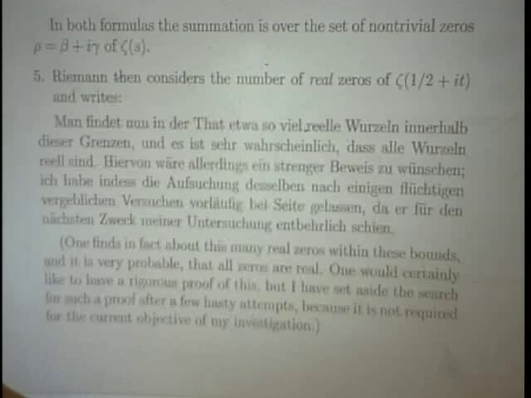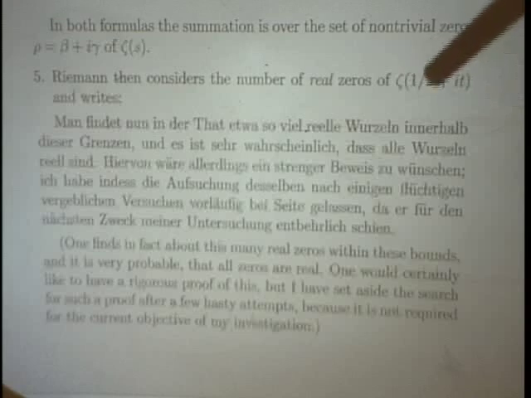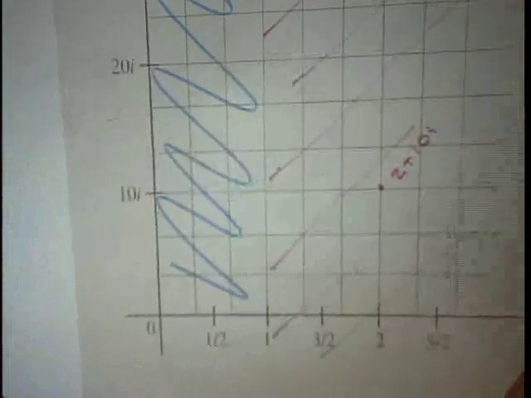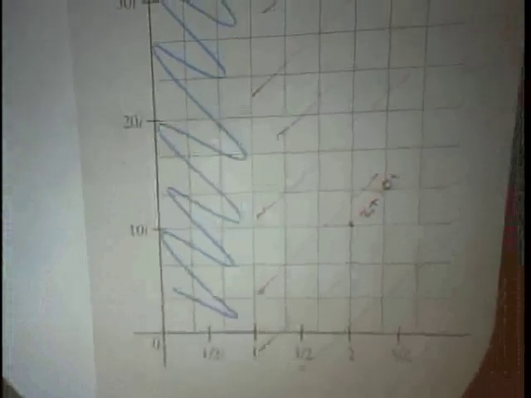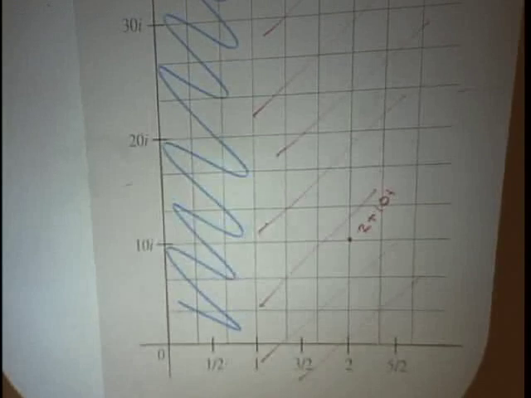So what he's saying is, it's very probable that the non-trivial zeros of the zeta function have real part equal to 1/2. So in other words, they all lie on the center line. Let's go back to my complex plane again. The blue region is the region where Riemann proved, in effect, that all the non-trivial zeros occur.